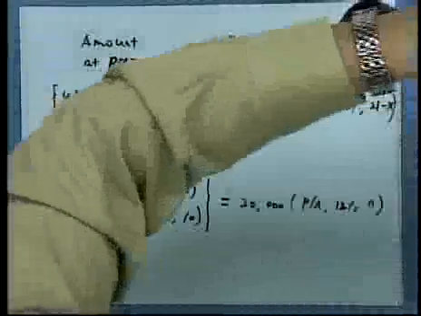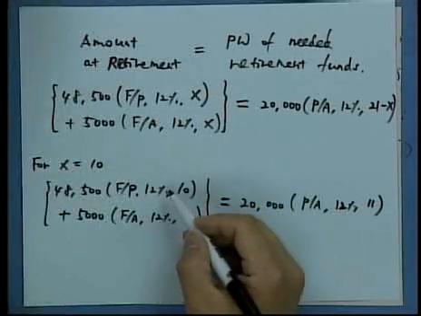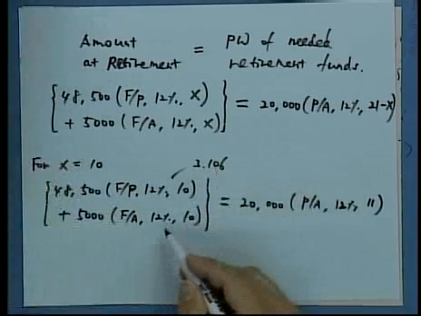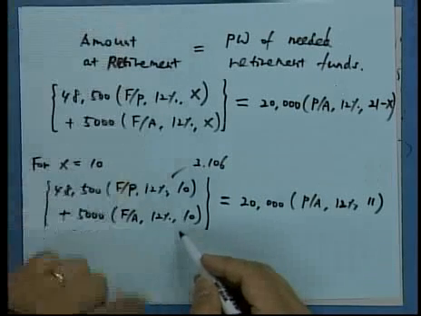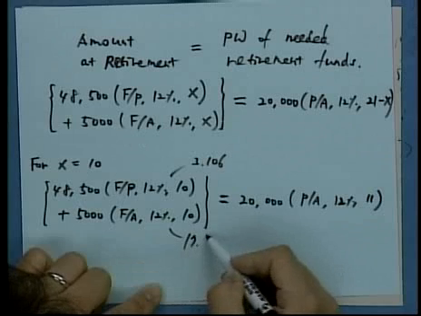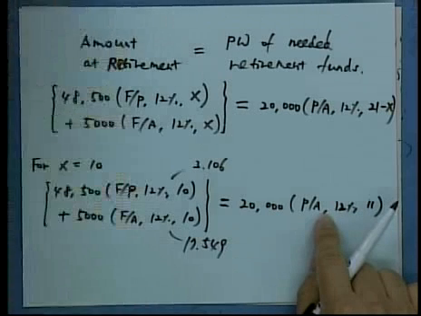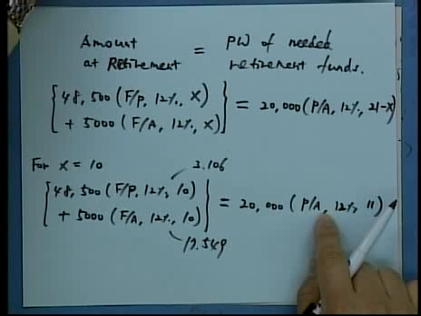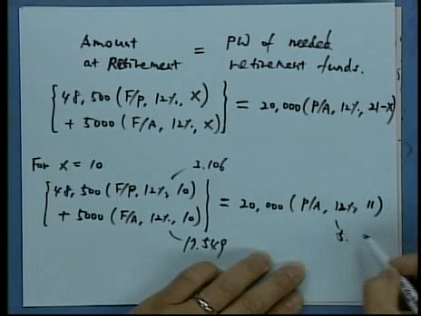And what are the table values for that? F given P over 10 periods is 3.106. F given A over 10 periods is 17.549. And P given A over 11 periods is 5.938.